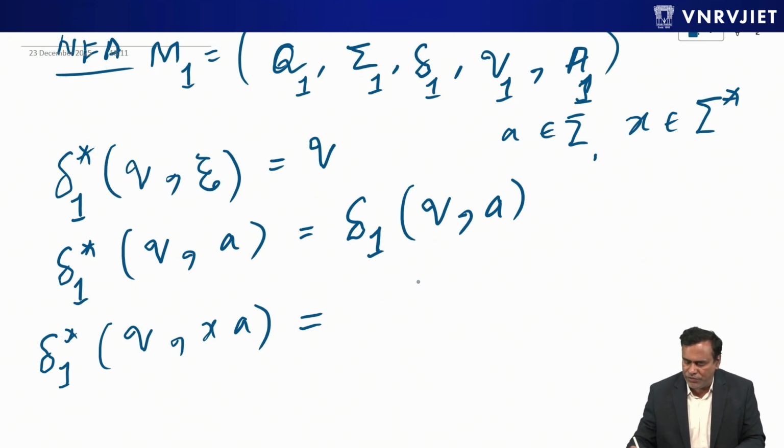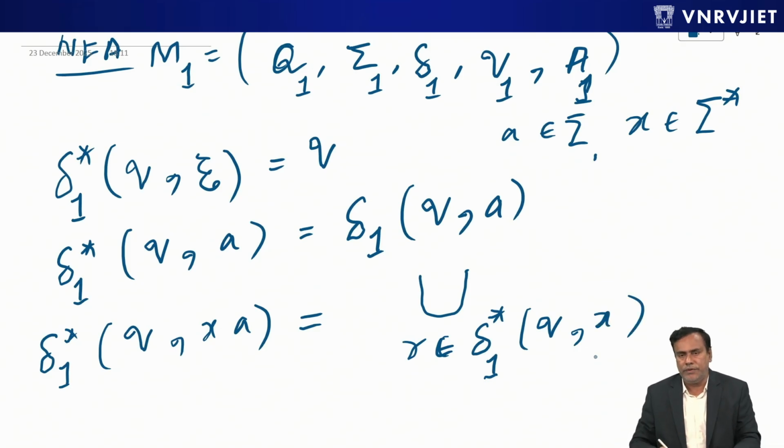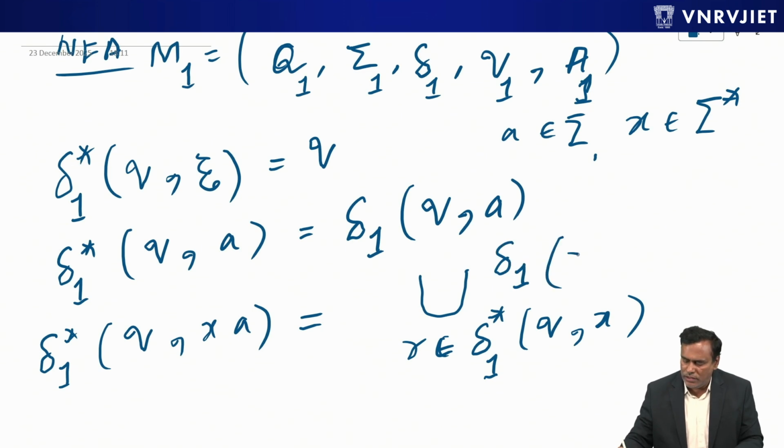Therefore, you get a union: the union over R belonging to delta 1 star of Q X, of delta 1 of R A. This is the transition function of this NFA.